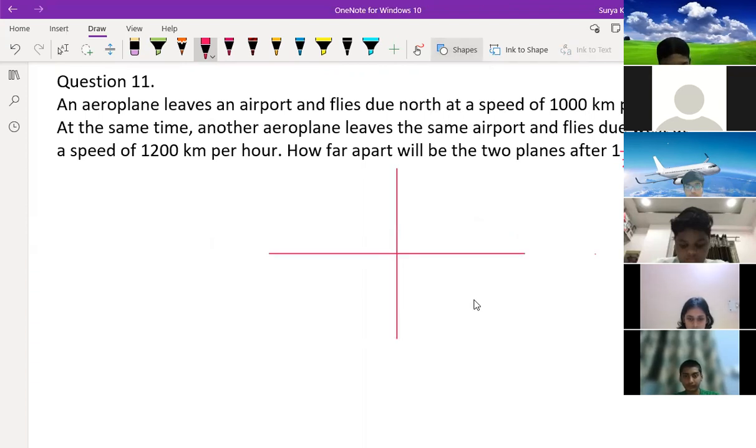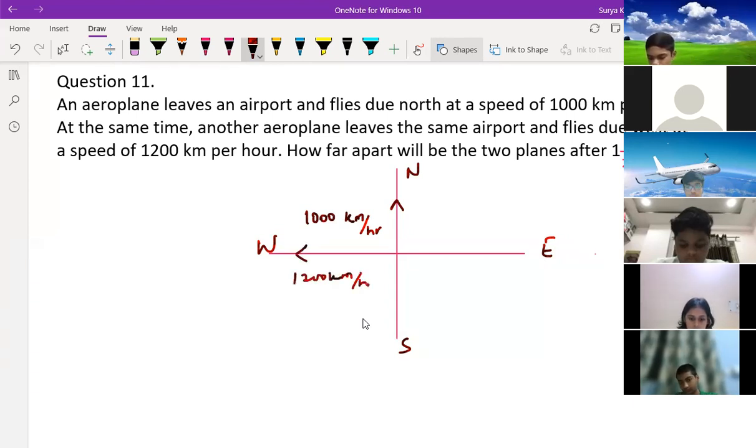So an aeroplane leaves an airport and flies due north. The flight north, this side, at a speed of 1000 km/h. At the same time, another plane leaves the same airport and flies due west, this side, at 1200 km/h.